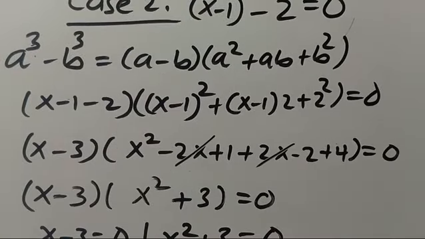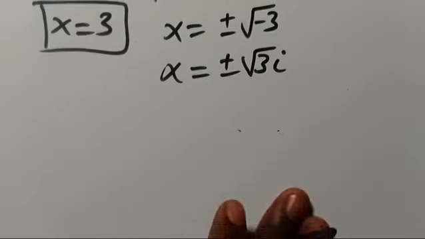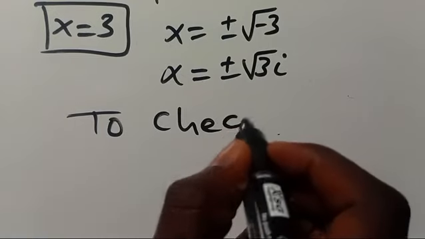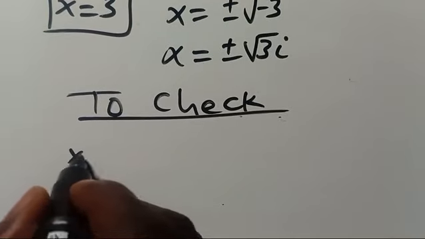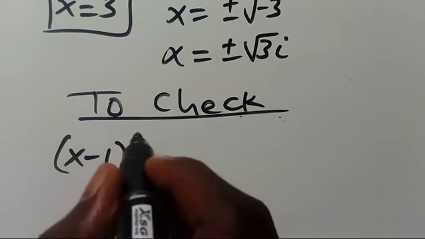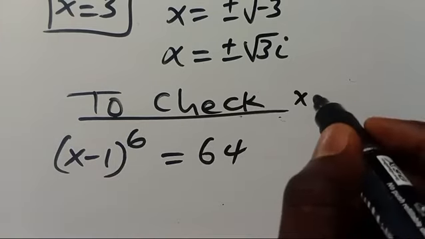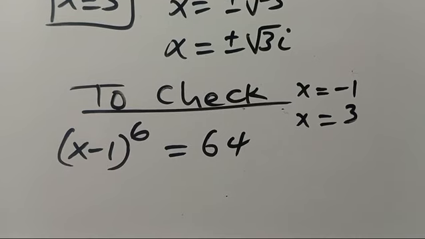So if you want to check, we can verify this. Let us recall that we are given x minus 1 in parentheses to the power of 6, which equals 64. When x equals minus 1 and x equals 3, let's verify for the real solution.